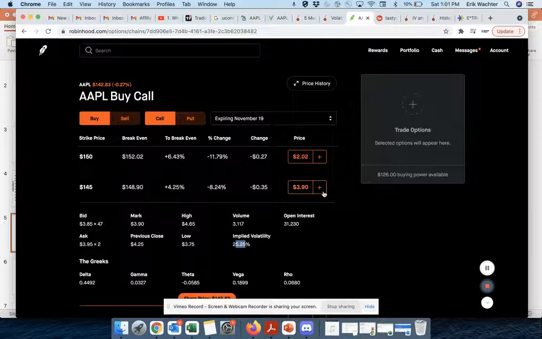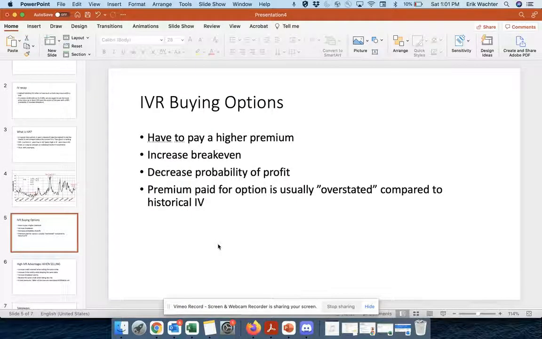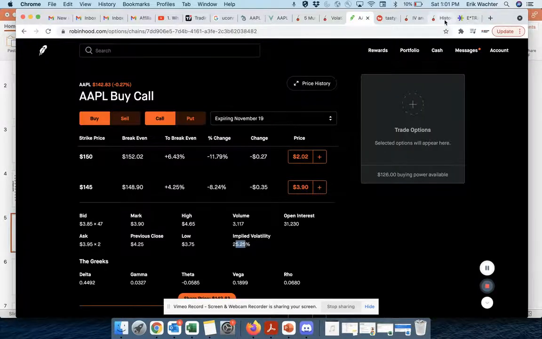So that is what's so powerful about selling options in these high IVR environments. So conversely, what am I saying? You have to pay a higher premium, increased break-even, decreased probability of profit. The premium paid for an option is usually overstated compared to historical IV. So that's a little confusing, and I can show you what that means.